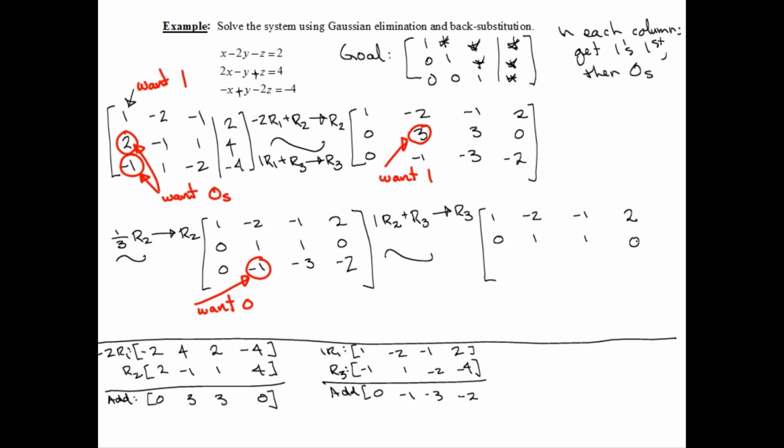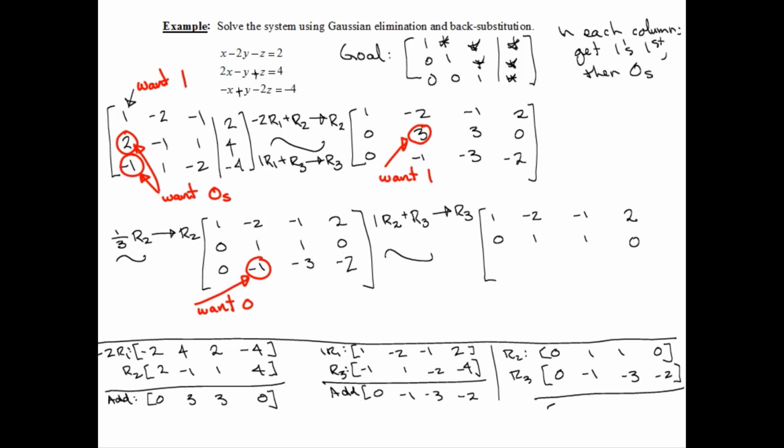And now I just need to take row 2 plus row 3. So row 2, and you probably don't even need to write anything since you're just adding the 2 rows. 0, 1, 1, 0. That's row 2. Row 3 is 0, negative 1, negative 3, negative 2.